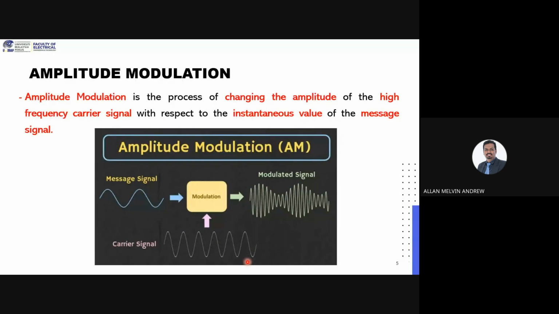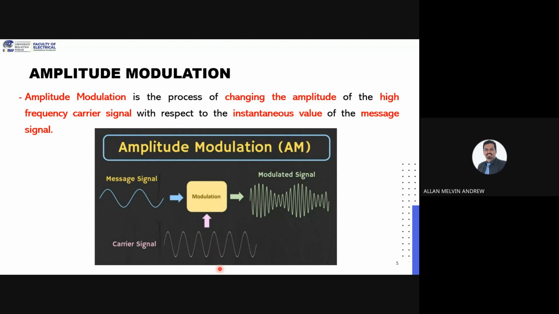Let's say for example you want to travel from one place to another using a Proton car, maybe a Proton Saga. All the models will be the same, but the person commuting inside will be different. That is like the message signal, but the car, the size, the length, everything will be the same.